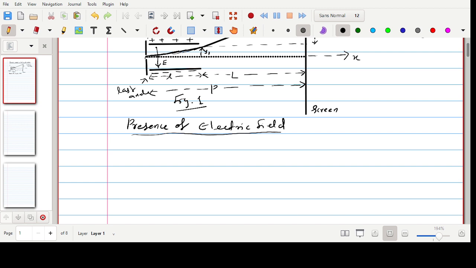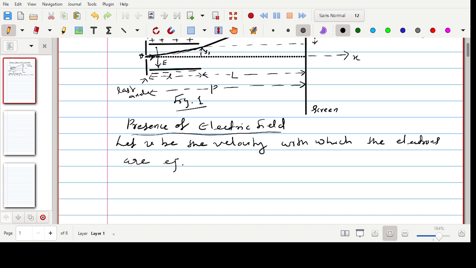Let V be the velocity with which the electrons are ejecting out of the last anode.